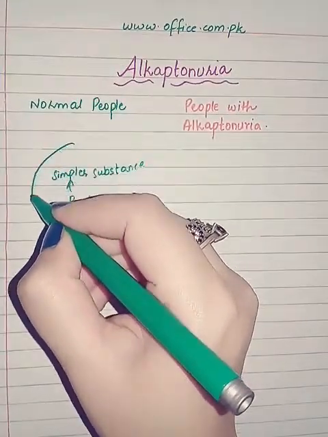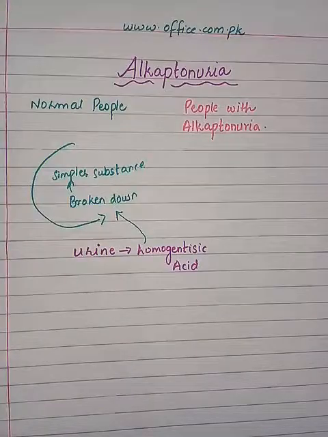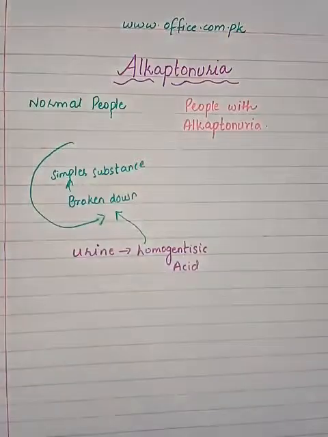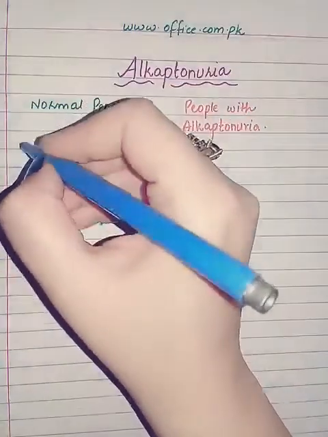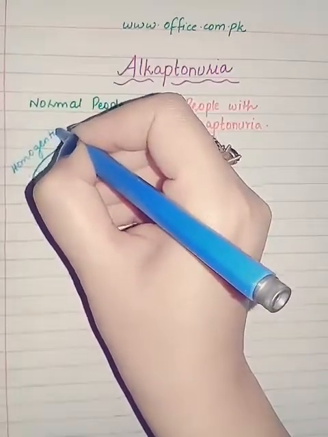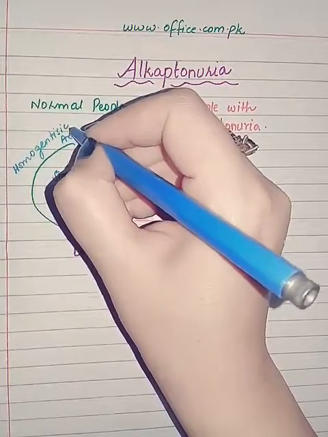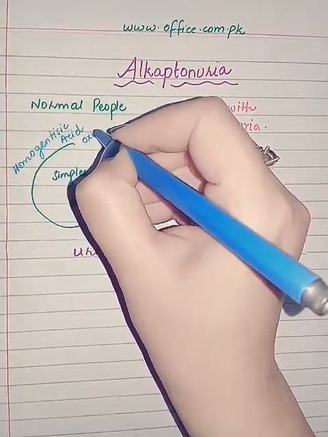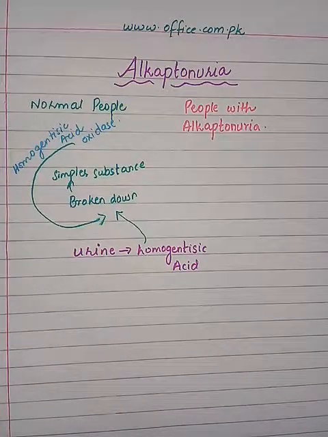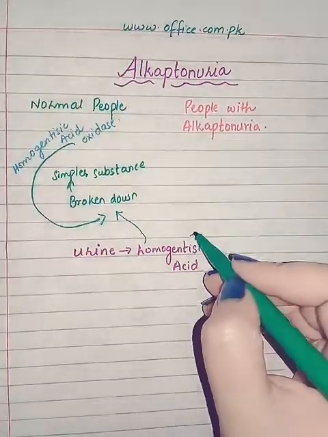And the enzyme which is responsible for this whole reaction is homogentisic acid oxidase. So this enzyme converts the acid into simpler substances in the normal person, while in the people with alkaptonuria there is no enzyme.